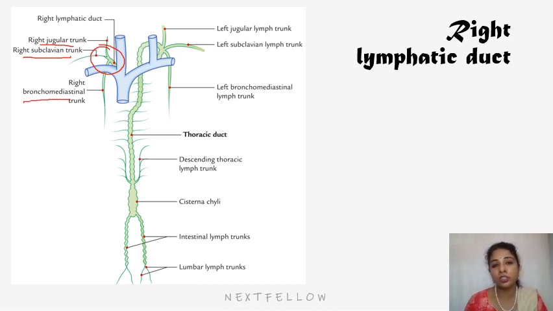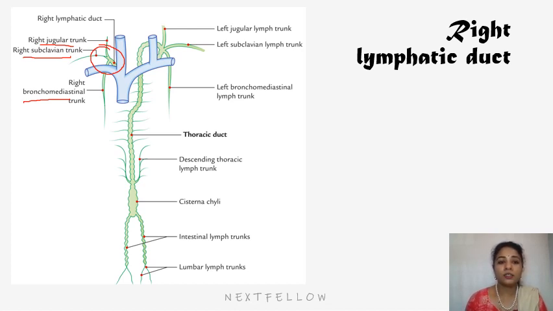They all converge and join to form this right lymphatic duct. So it drains into the right subclavian vein, at the venous angle, the junction between the right internal jugular and right subclavian vein, which is the beginning of right brachiocephalic vein.